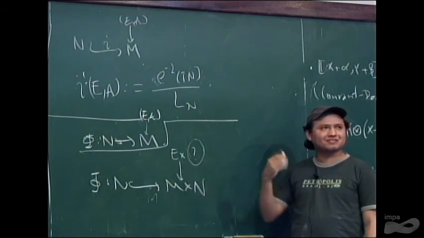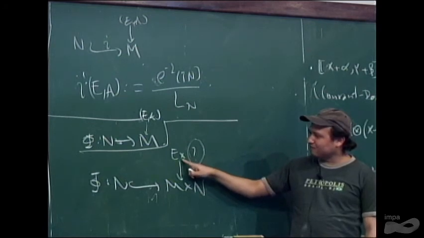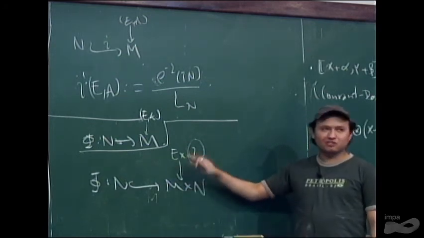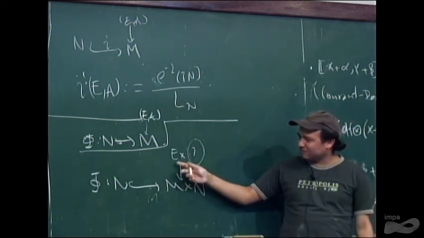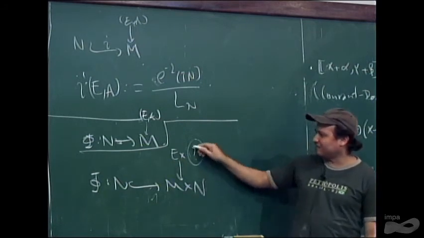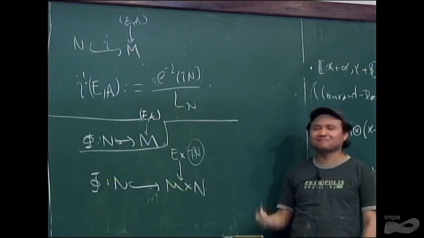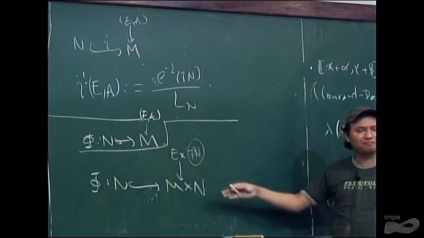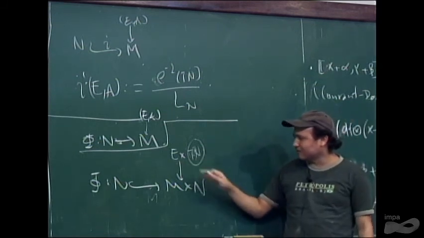So there are two things to define. But if you know what to put in here and how to make this product, then you have a definition of a pullback. For example, I could put a Courant algebroid here and multiply it by T of N, just as a Lie algebroid. I could make sense of this, and the pullback would not be a Courant algebroid, of course. It would not be the pullback of Courant algebroids defined by Liu, Weinstein and Xu.